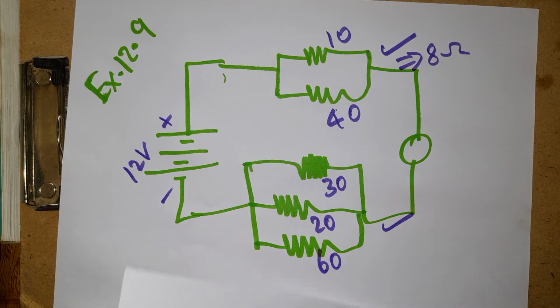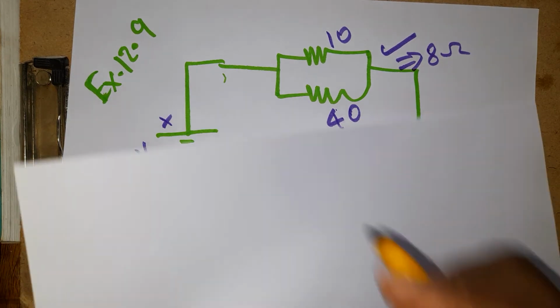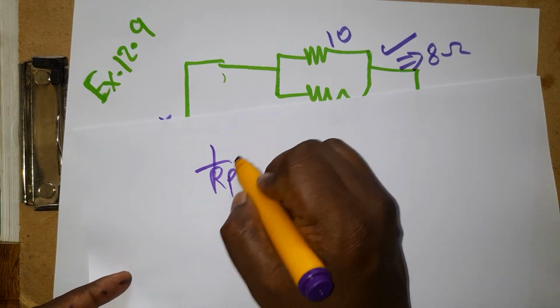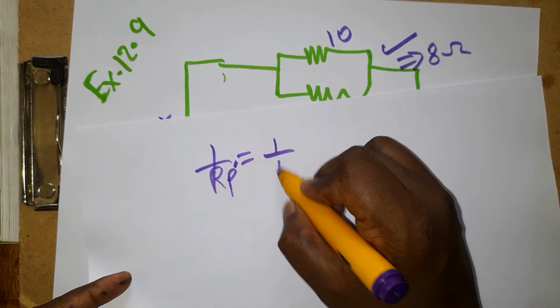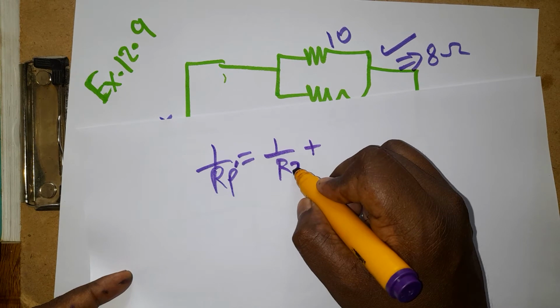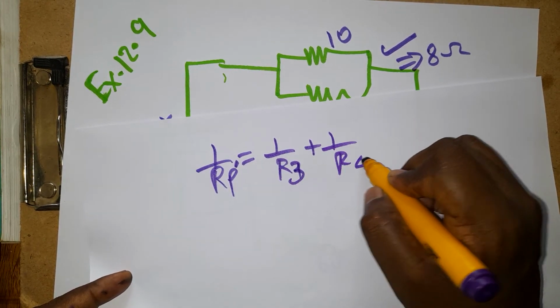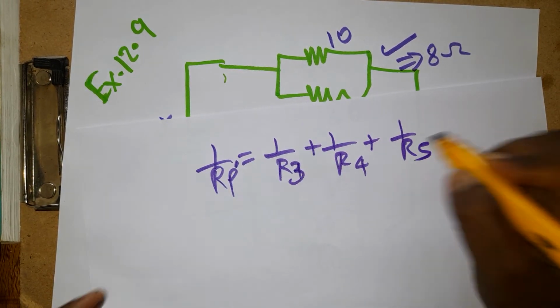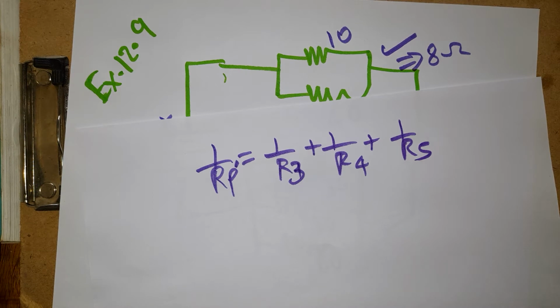Now 3 resistances in parallel. 1 by Rp is equal to 1 by R3 plus 1 by R4 plus 1 by R5. Total of 5 resistances is there, that's the reason I am taking it like this. What are they?